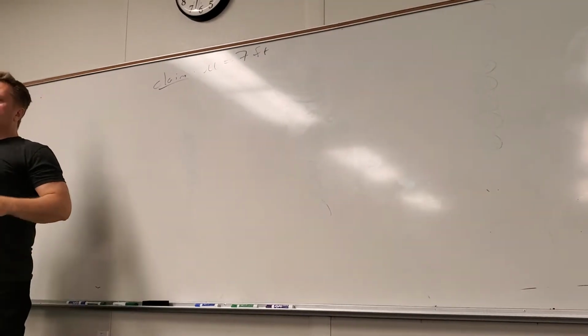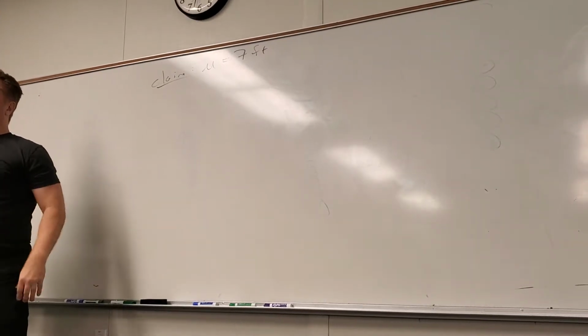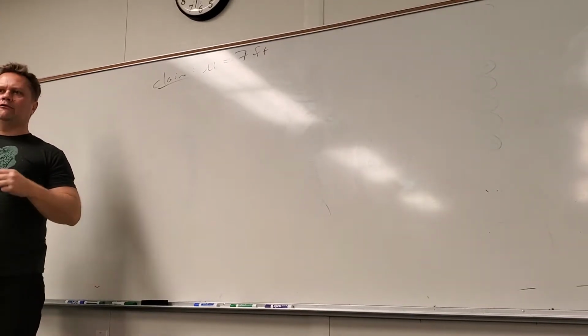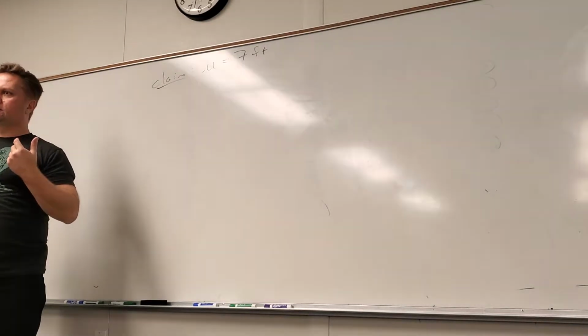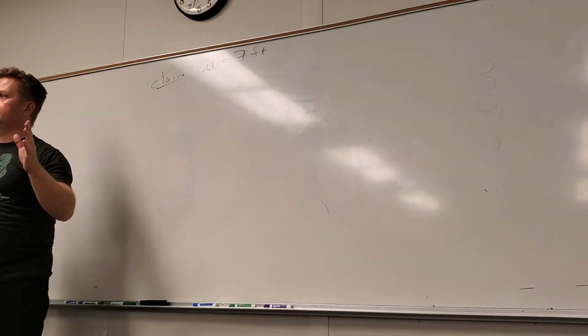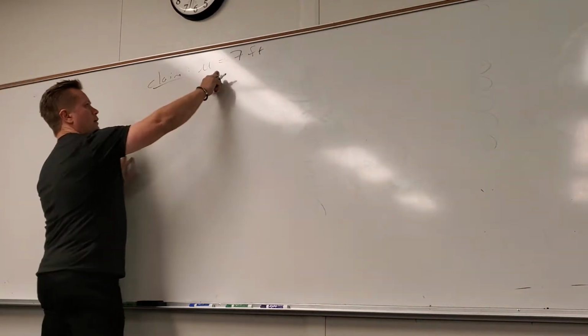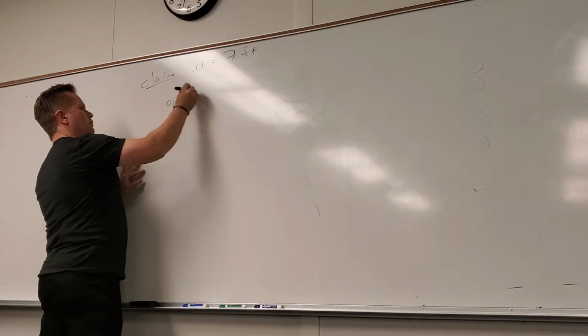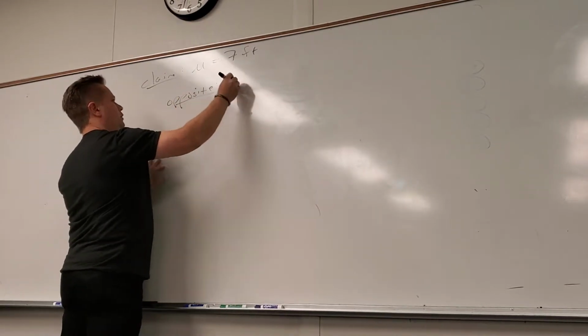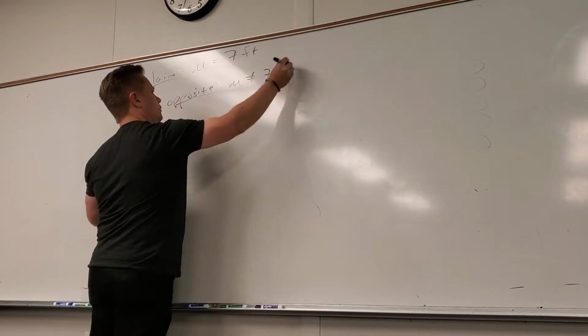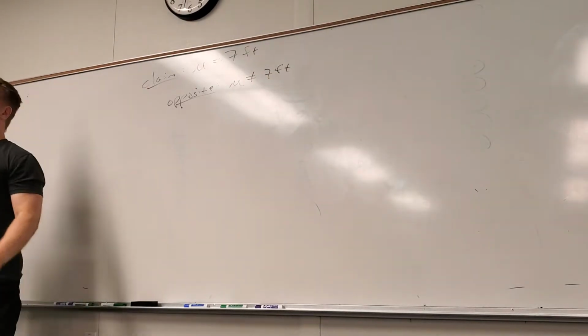So what is he inherently fighting against? The idea that the average is not 7 foot tall, right? So this is the claim, and then the opposing claim would be not equal to 7 feet. All right, that kind of makes sense.